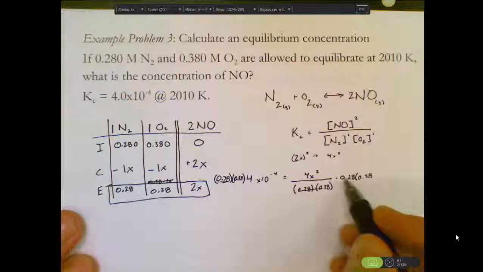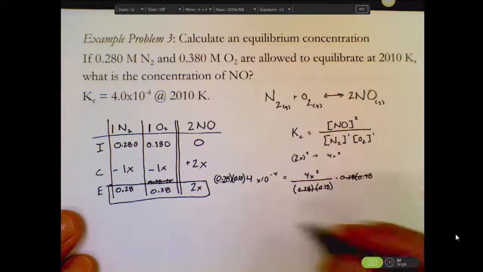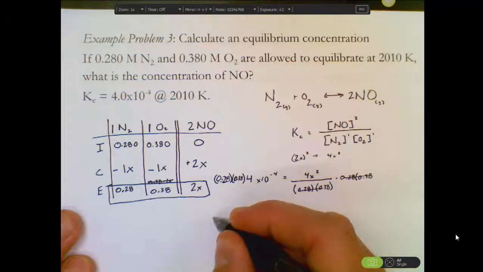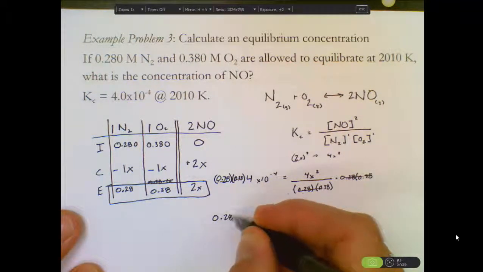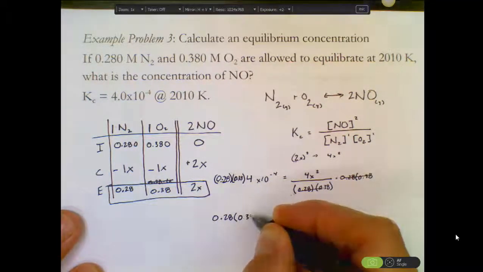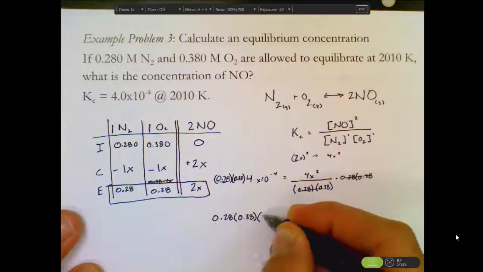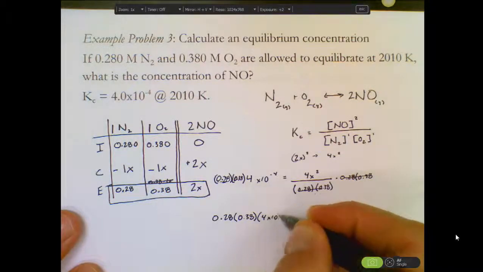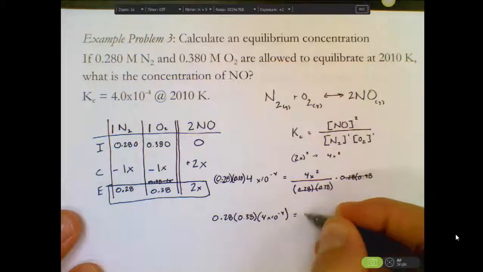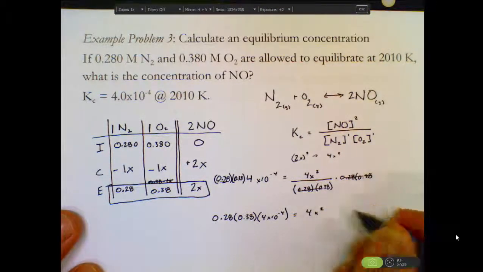This will of course cross off. So I'm left with 0.28 times 0.38 times 4 times 10 to the negative fourth equaling 4x squared.